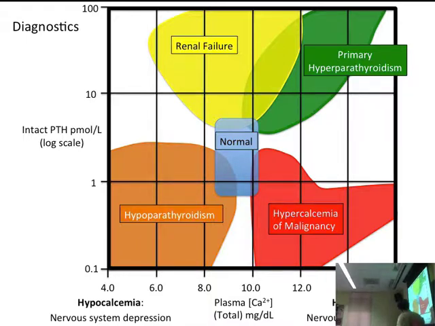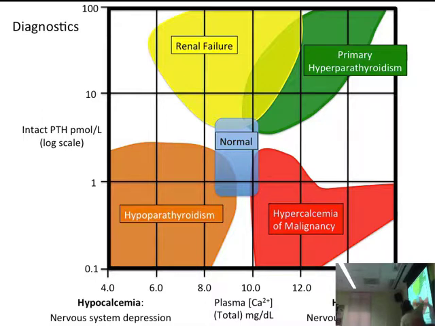Hypoparathyroidism can have low parathyroid hormone and low circulating calcium. Hypercalcemia due to cancer of some sort, like some sort of malignant tumor, can lead to high calcium but low parathyroid hormone.